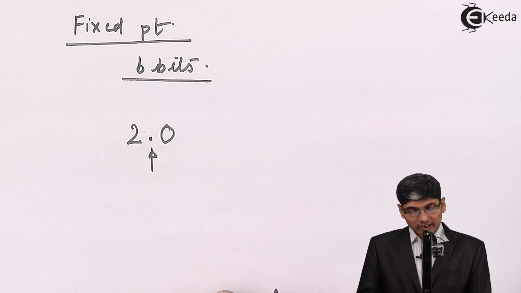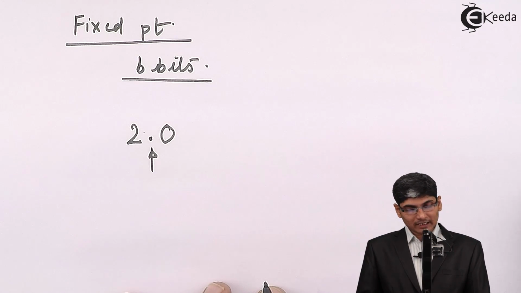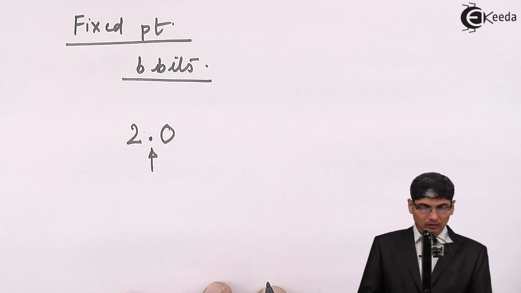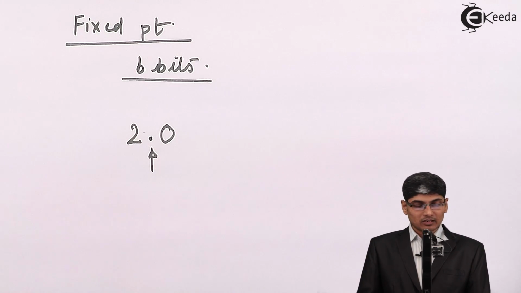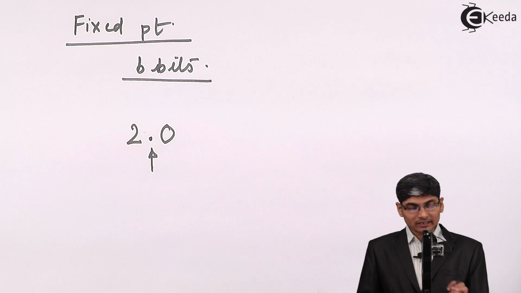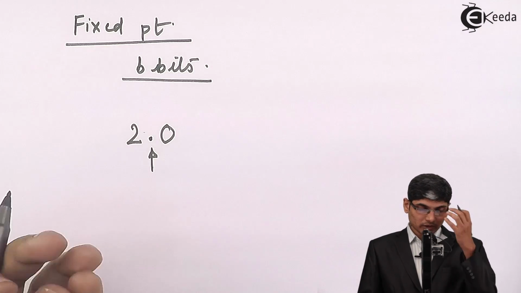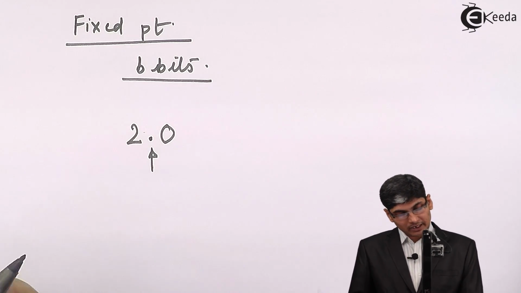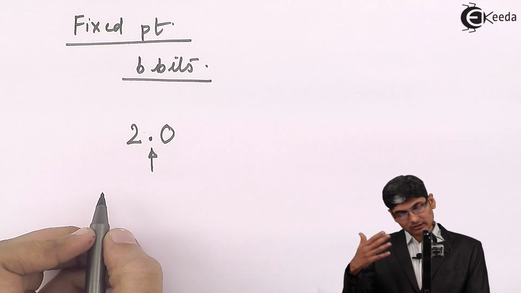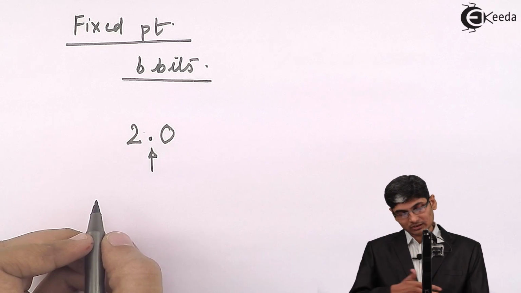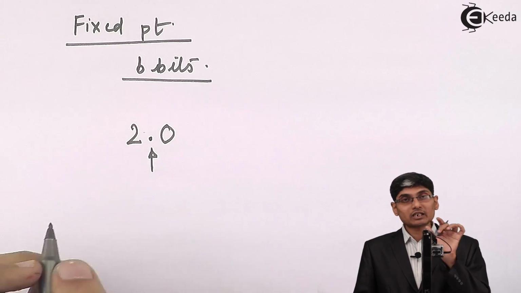Now, it might happen that I have a number which is added with this 2. Let us make this 2 into binary form. Let's take 8 digits, not 16, because it will be too long a string.